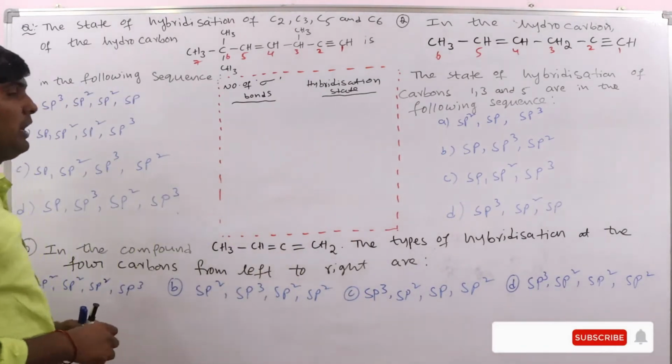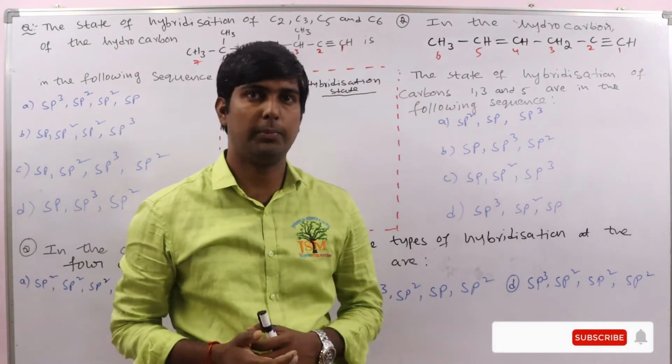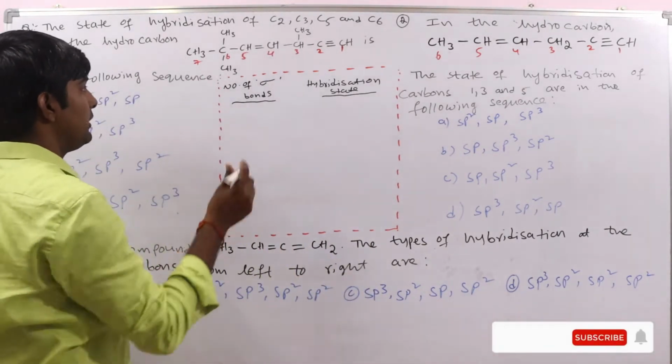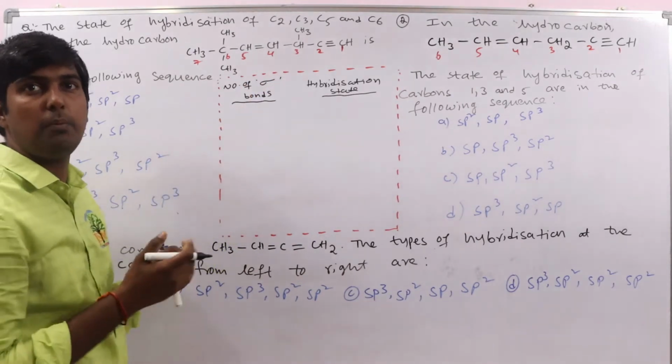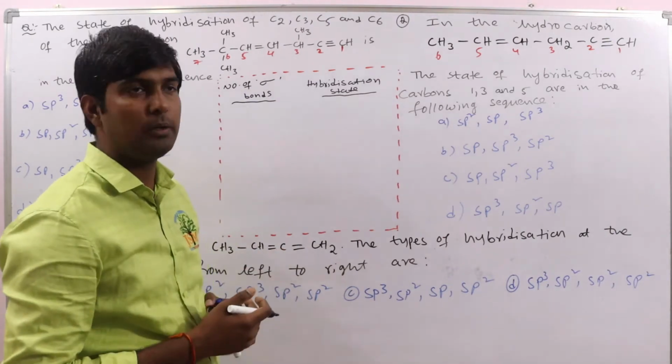So here we have a simple method to identify the hybridization state of a carbon, or any atom. It depends upon the number of sigma bonds present around the particular atom.